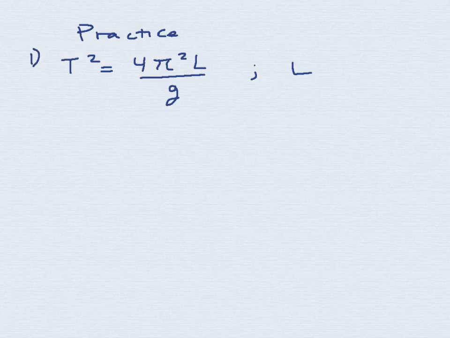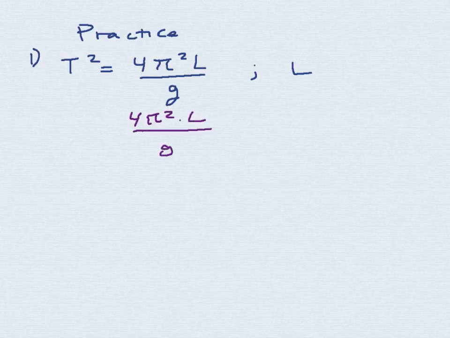So when L is in an expression that's a fraction, it's going to be your job to take that fraction and clear it. So here we go. Let's clear the fraction by multiplying both sides by g.